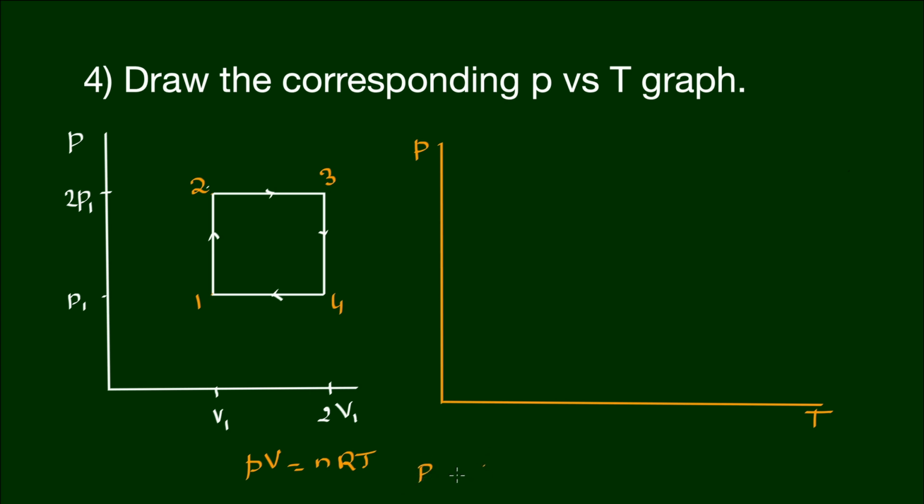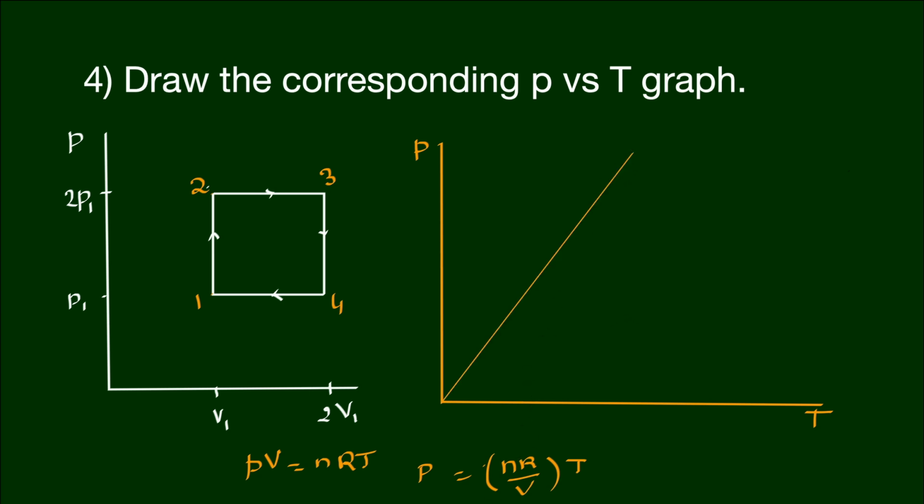So pressure is going to be nR by V times T. So along 1 to 2, the volume is constant, so this is a constant number. So y is equal to mx is a straight line passing through the origin. So 1 to 2 is a straight line passing through the origin with a slope of nR by V. So let me start by drawing a straight line, something like this.